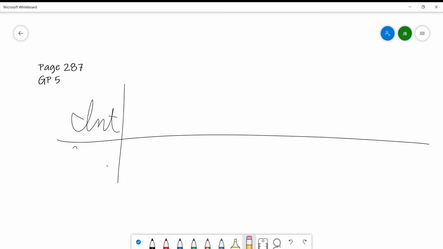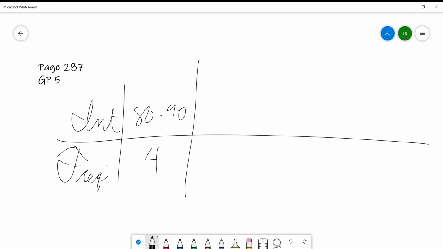Eventually we'll call that a probability. So we got 80 to 90, which shows up 4 times. I'm just copying straight out of the answer key. Guys, this is an intense problem to solve. It's very labor intensive.